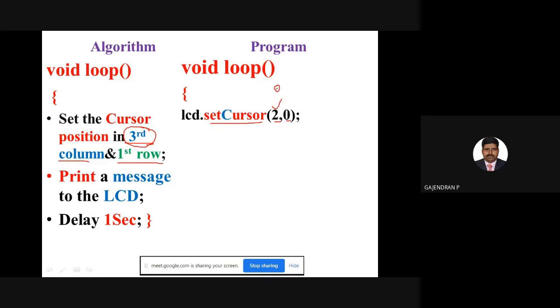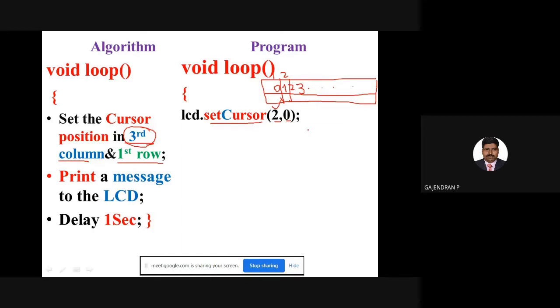First column is represented with 0, second column 1, third column 2, fourth column 3, and so on. Here the starting number is not 1. In your LCD, the first column address is 0. Second column is 1. Please make note of this difference.